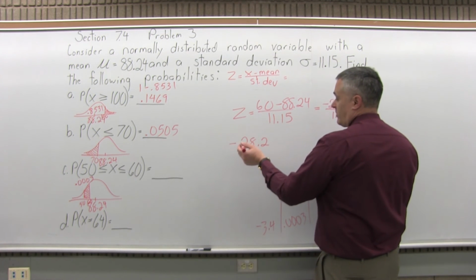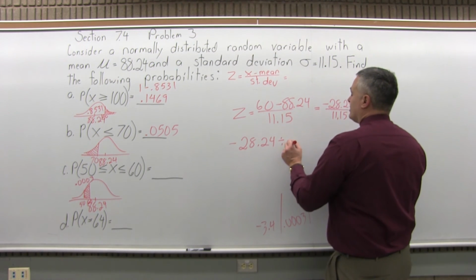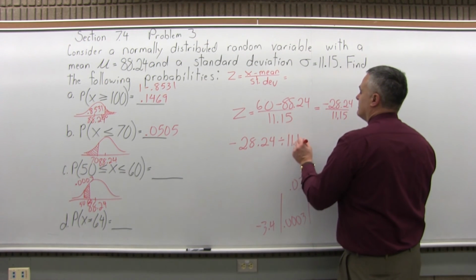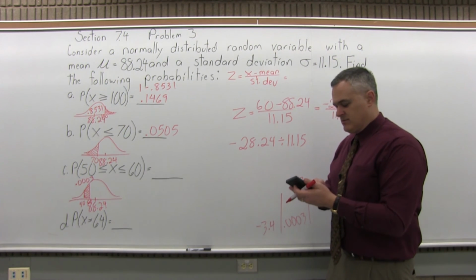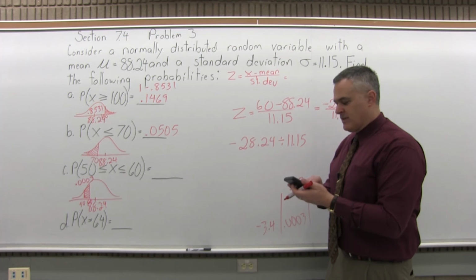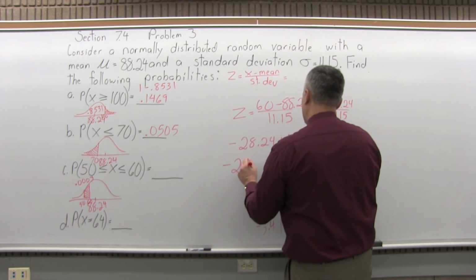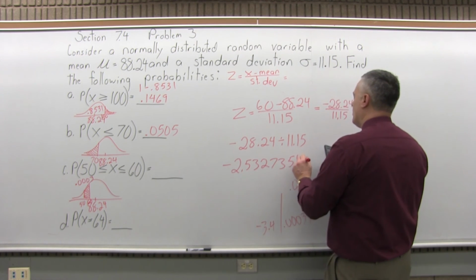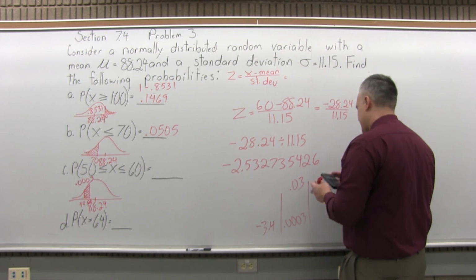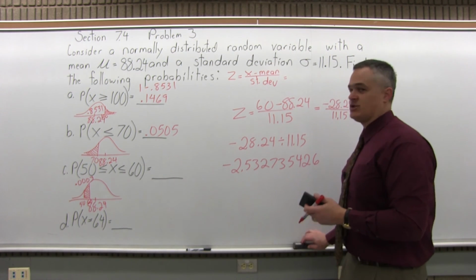The top, or numerator, negative 28.24, divide by the denominator, positive 11.15. And when I do that division, the calculator tells me that the answer is negative 2.532735426. That's the number I need to look up in the chart.